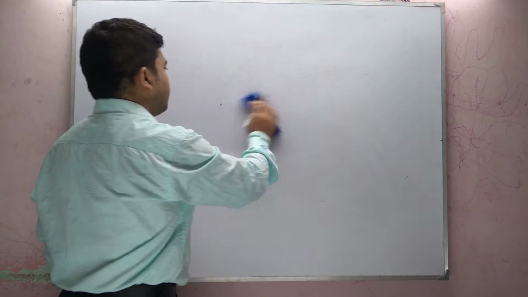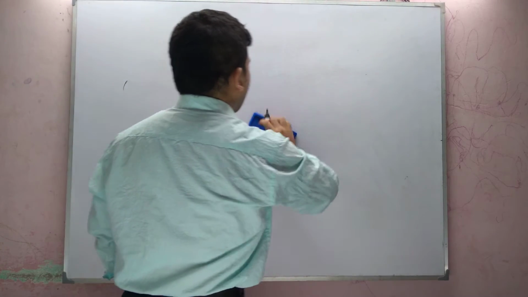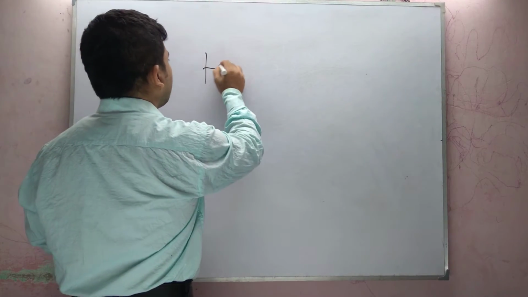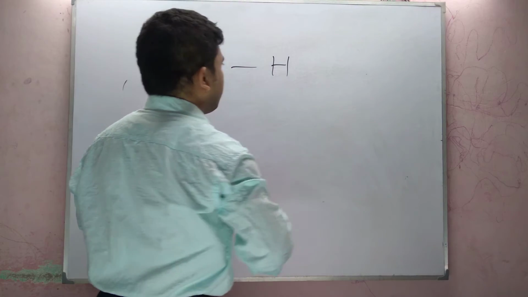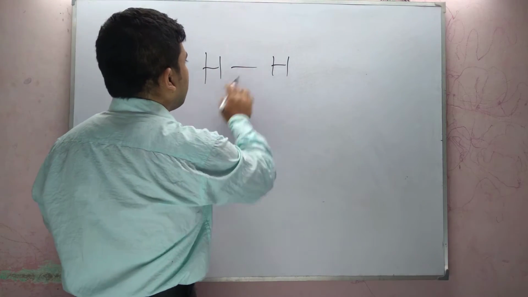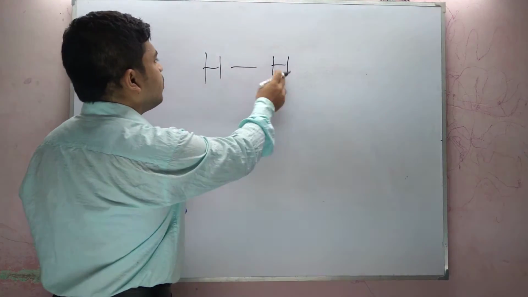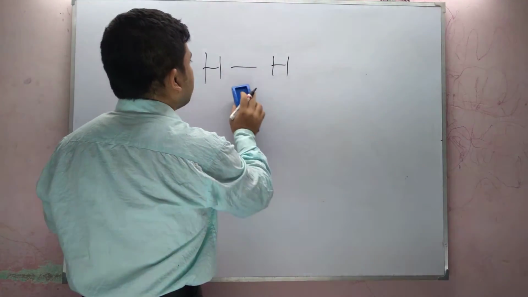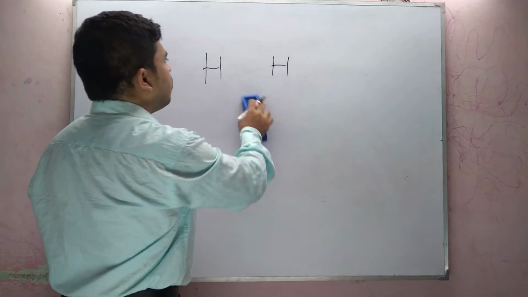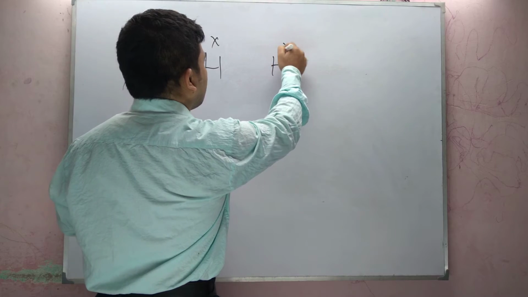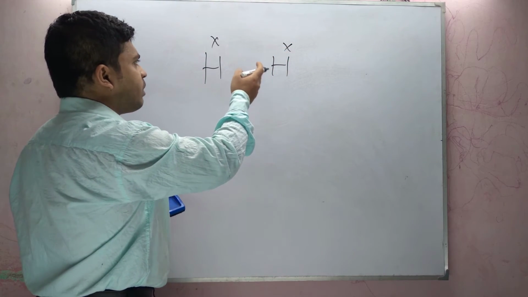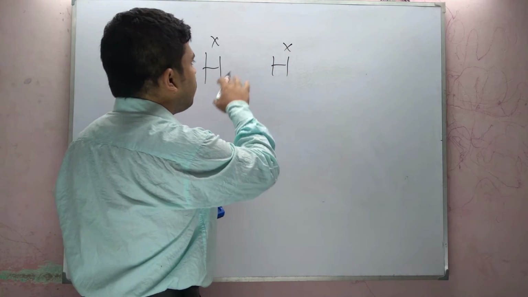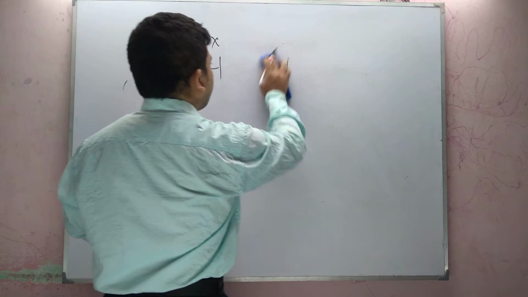Next important point: we see some bonds between similar kinds of atoms, for example hydrogen. Here the electron pair is equally divided between the two atoms. So if we break this bond, no charges appear on either atom.